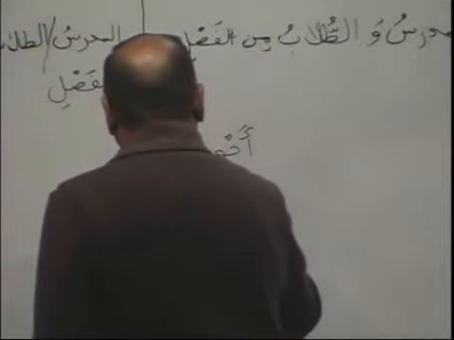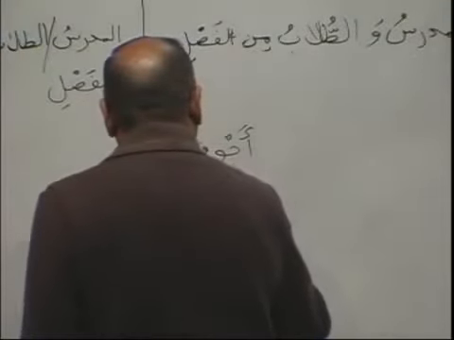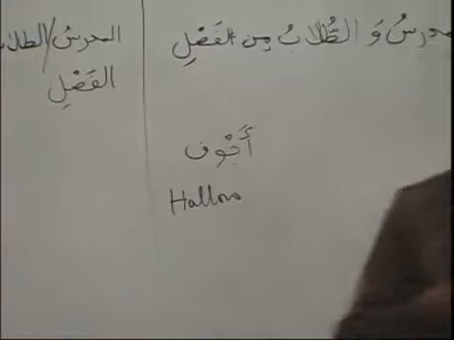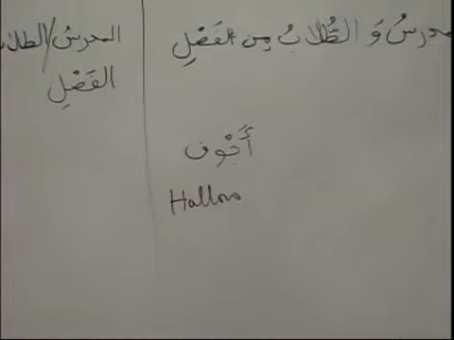Hollow. Meaning the middle of the verb is hollow. I always jokingly say, brothers and sisters, Fa kalima, Ain kalima, Lam kalima: pet khali hai. Pet mein kuch nahi hai. Are you with me? I say stomach is empty.